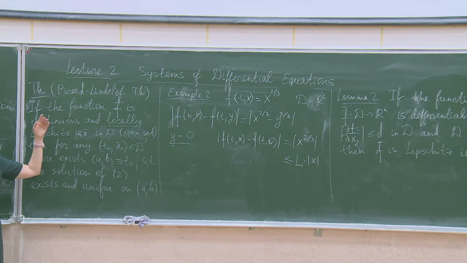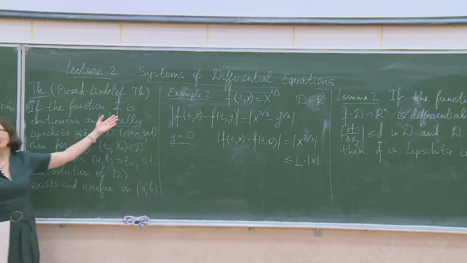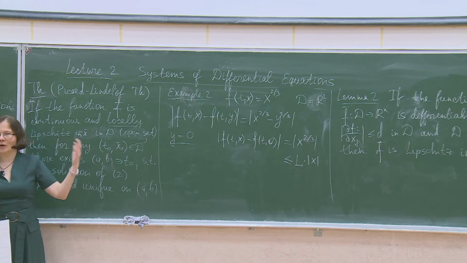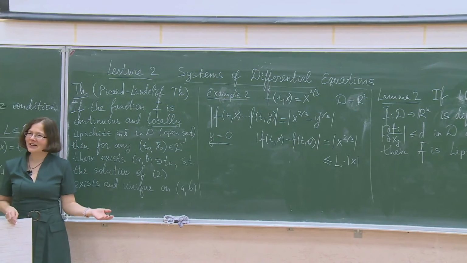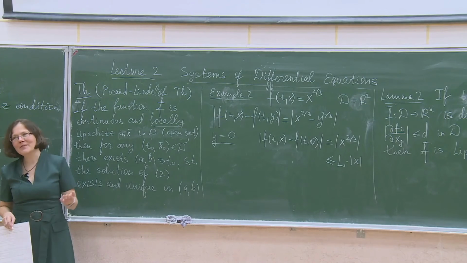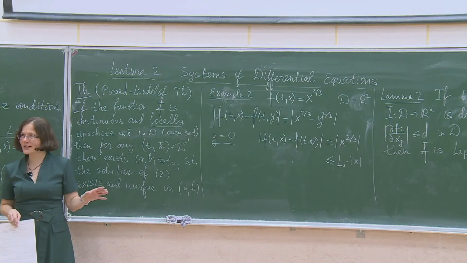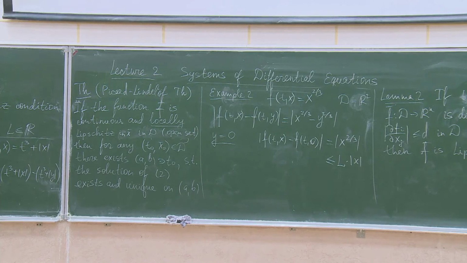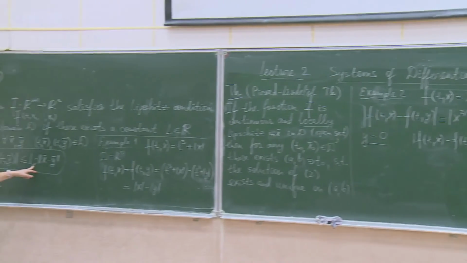Given a function, we need to check whether or not the function is Lipschitz. Sometimes it is difficult to check the Lipschitz condition, to write down this inequality, to try to find L and so on.